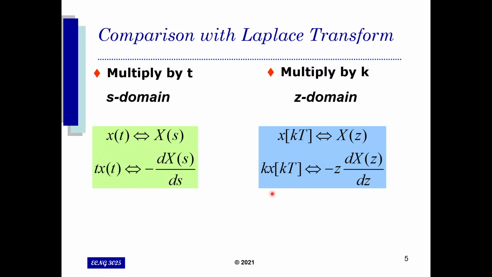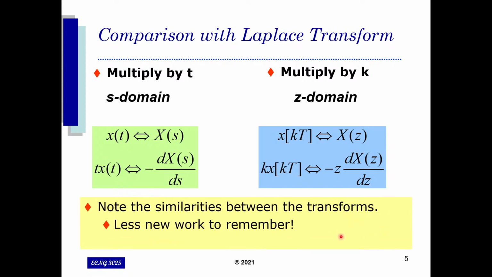This property is similar in the Z domain: k times x of kt is just minus z multiplied by the differential of x of z with respect to z. So there are a few similarities between the transforms. It doesn't mean you have to learn all of them. We're going to take advantage of certain similarities here, and use them to go about solving for our Z-transform in particular.